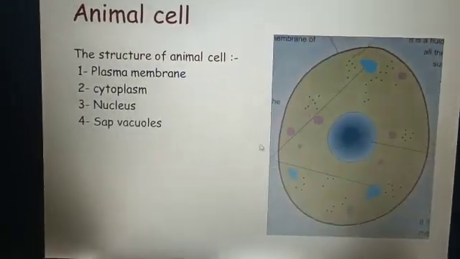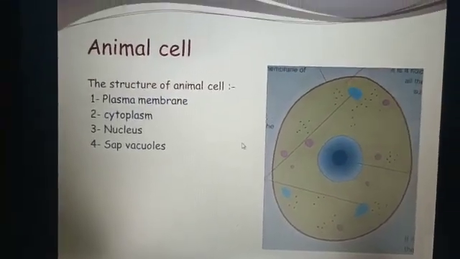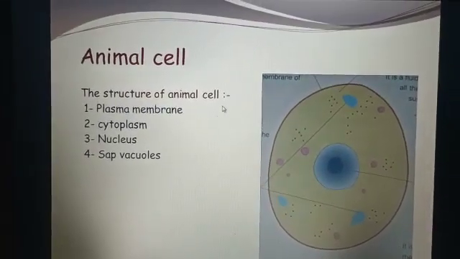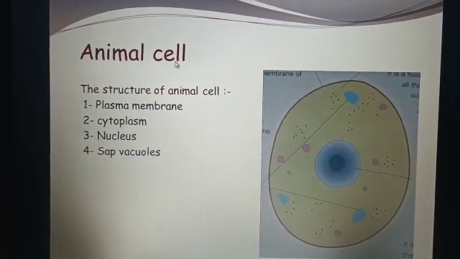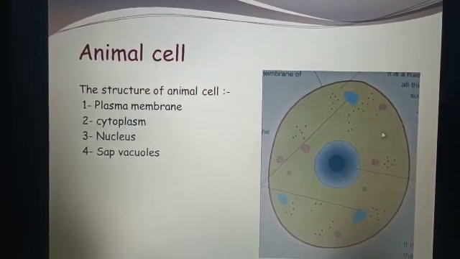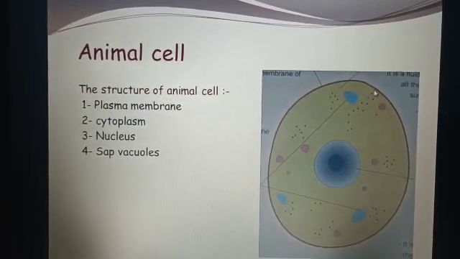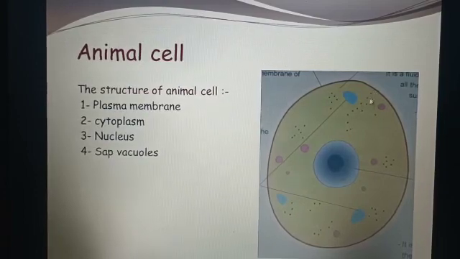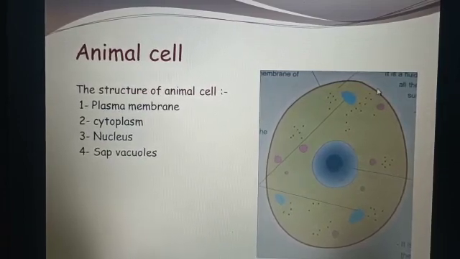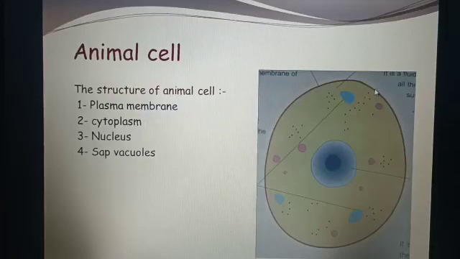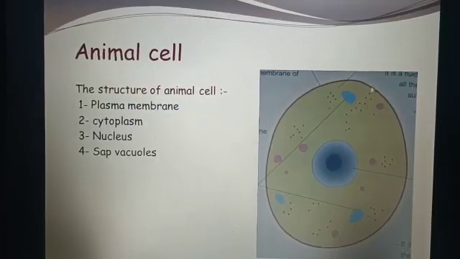After that, we have the animal cell. What is the animal cell? It's the building unit of the animal body. What is the structure of the animal cell? We have the plasma membrane, and it controls the substances that enter or leave the cell. It is the same as in the plant cell.